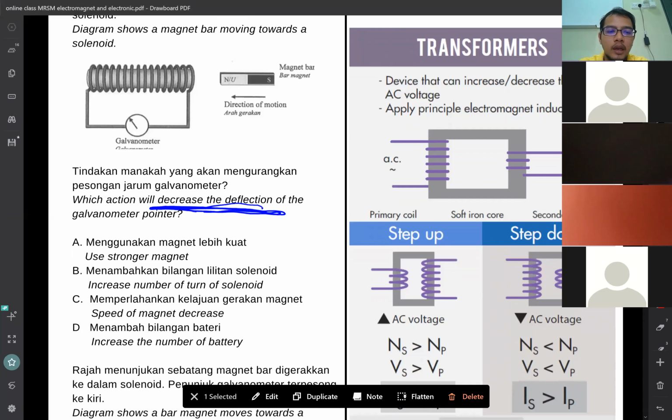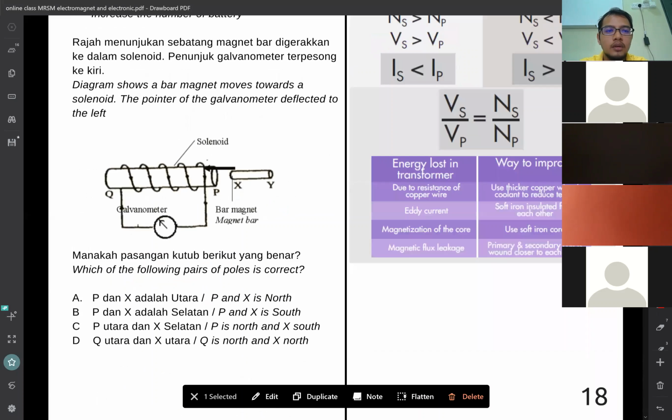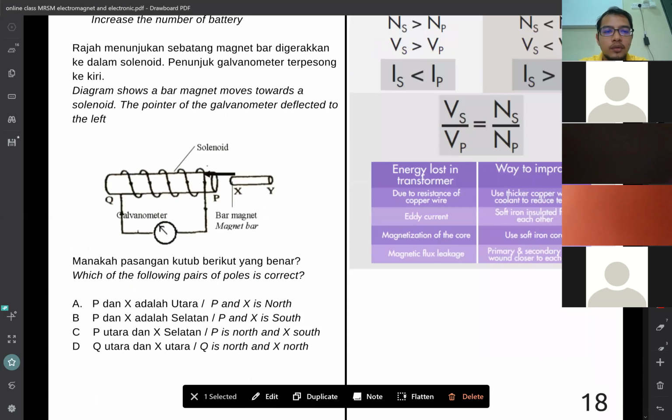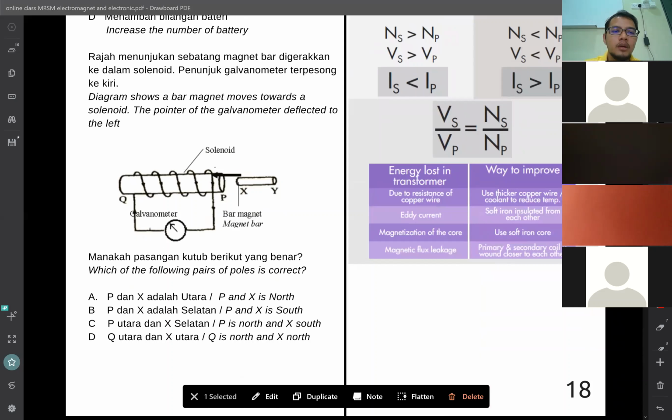So the next one. Okay, so this is what I've told you before, in the previous session. The deflection and the pole depend on Lenz's law and the motion of a bar magnet.